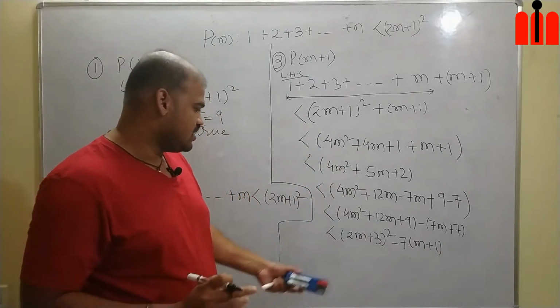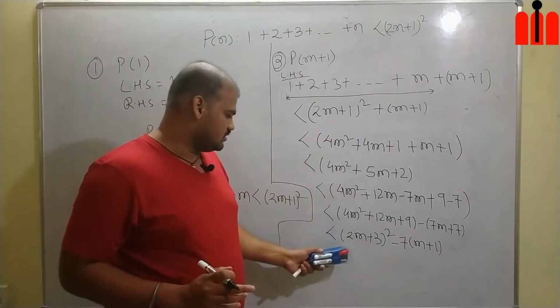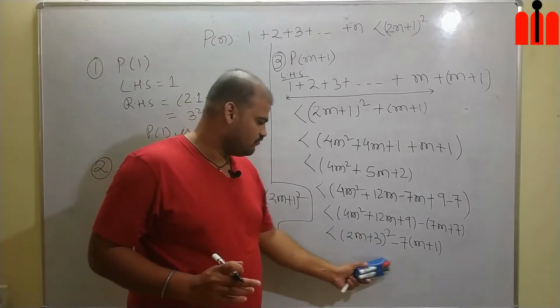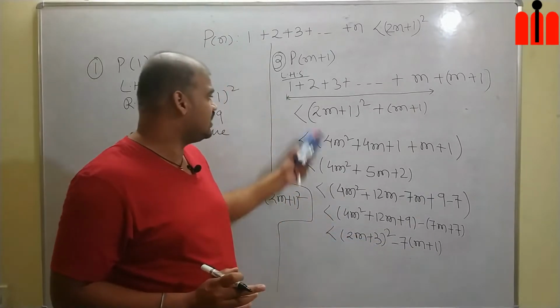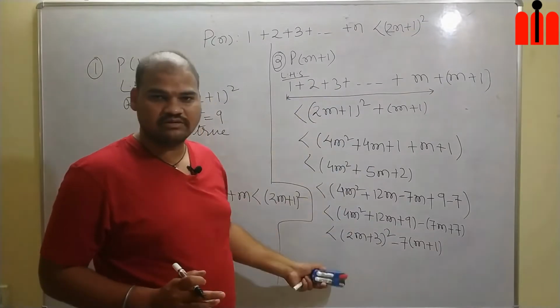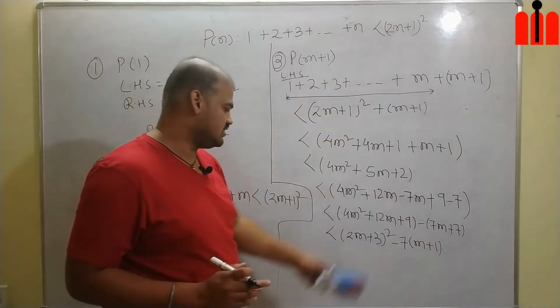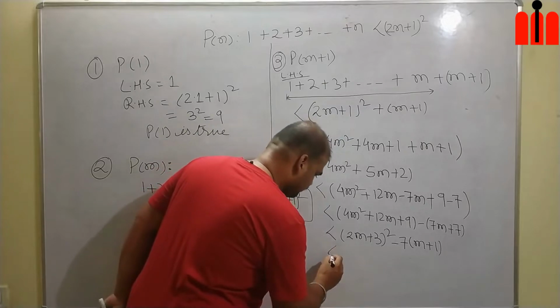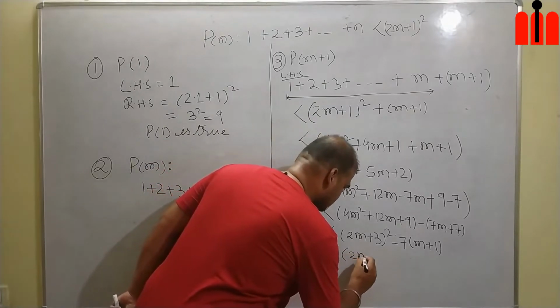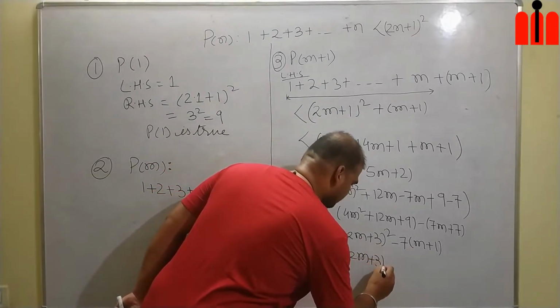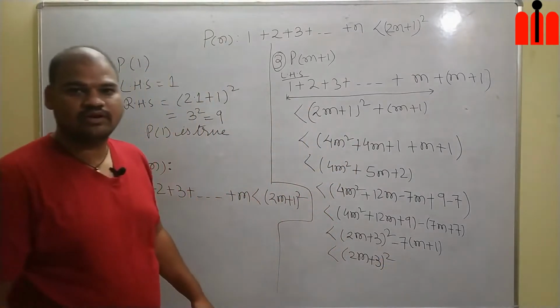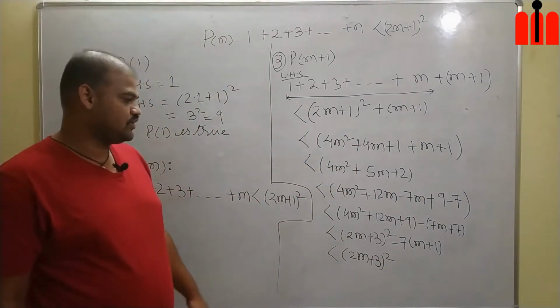Are you getting it? So that's why this 2m plus 3 whole square will be greater than this. So definitely it will be greater than this entire statement. So this is 2m plus 3 whole square. Are you getting it? Okay.